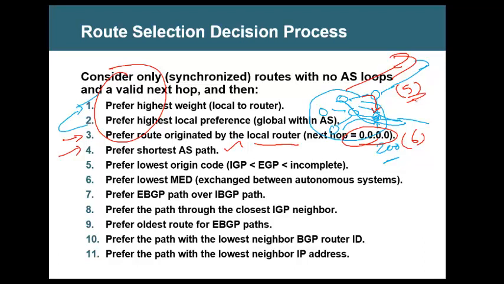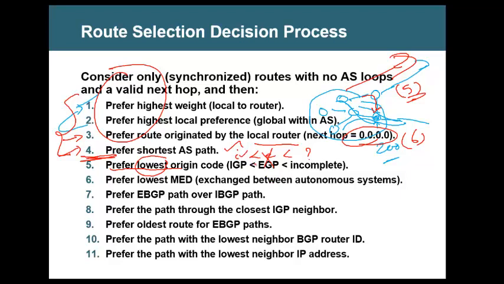Next, if there is a tie in this also, it prefers the lowest origin code. See, lowest. I is lower than E, E is lower than question mark. I have also said repeatedly in your classes that there is no more E. I means network introduced using the network command.